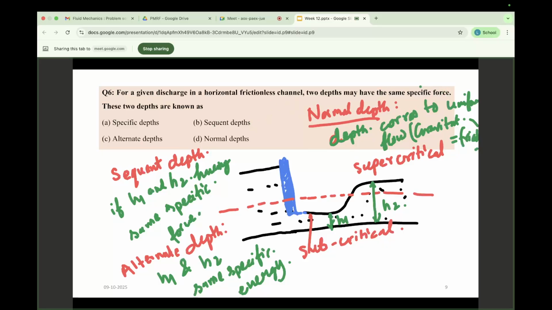In this question about specific force, the correct answer is option B. Another important thing is critical depth.